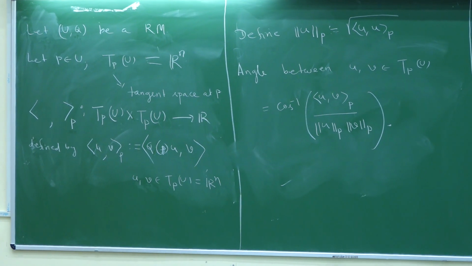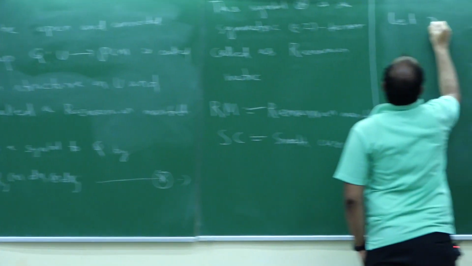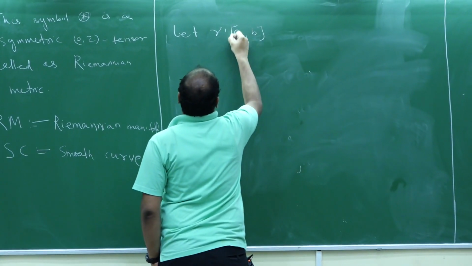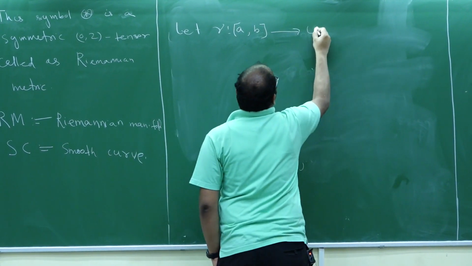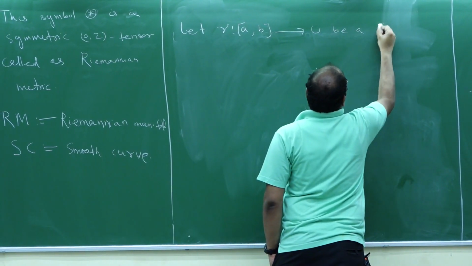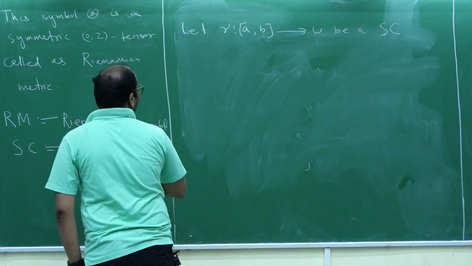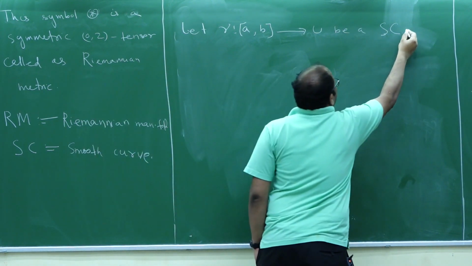So let gamma from the closed interval A B to U be a smooth curve. I am writing SC for smooth curve. What is the meaning of this?